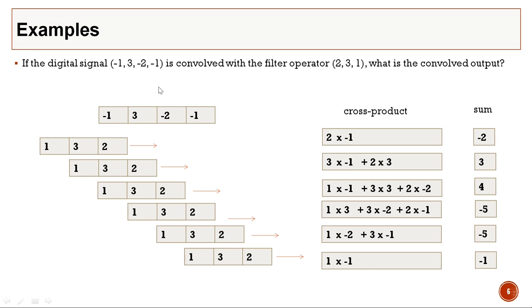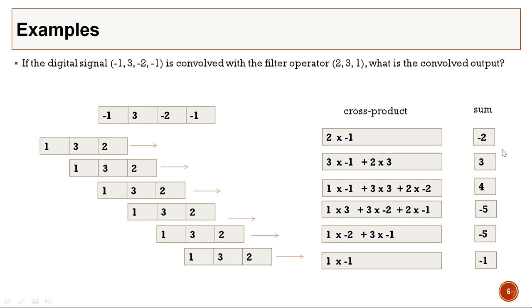So in terms of a real example, let's say we have a signal with the length 4 with the 4 elements -1, 3, -2, -1, and is convolved with the filter operator 2, 3, 1. What is the convolved output? First thing is you have 4 terms here and 3 terms here, so your output will be 4 plus 3, 7, minus 1, 6.